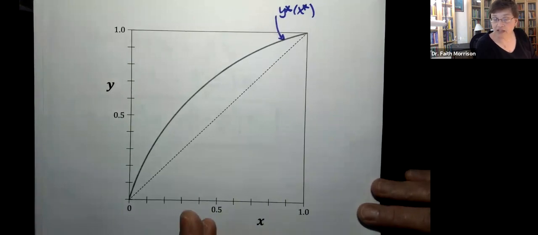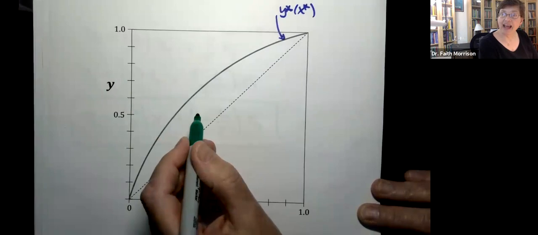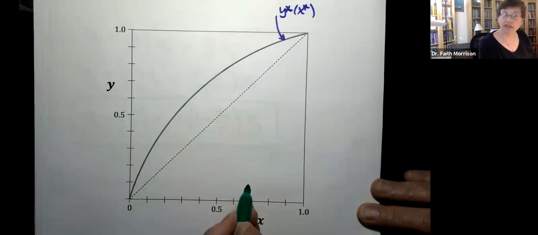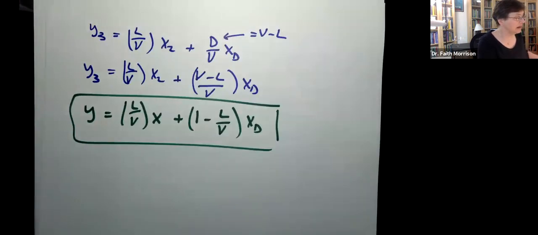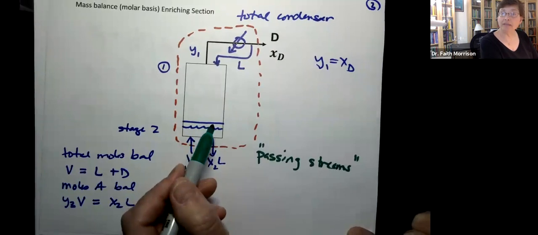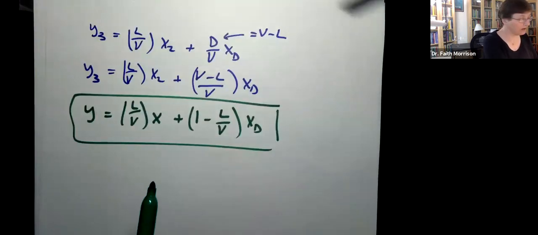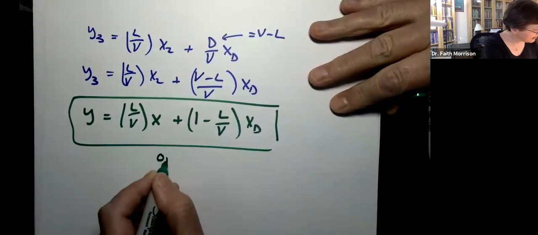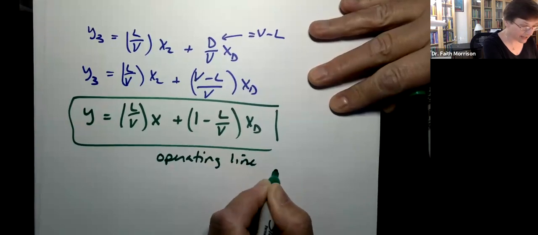And it would tell us, as a function of X, how the X and Y have to be related to each other in order for the enriching section mass balance to be satisfied. This line is called the operating line for the enriching section.